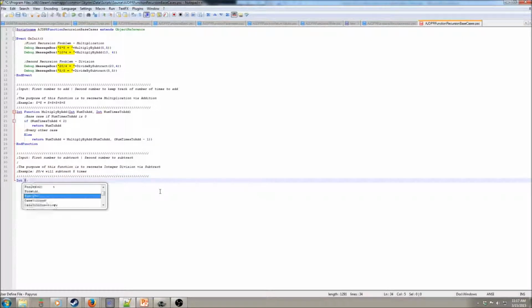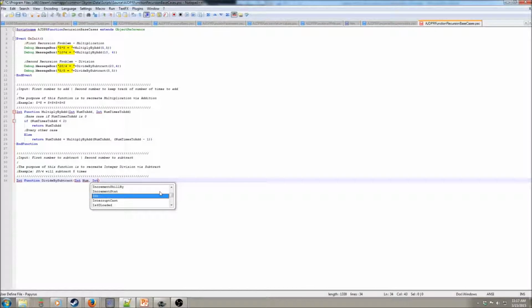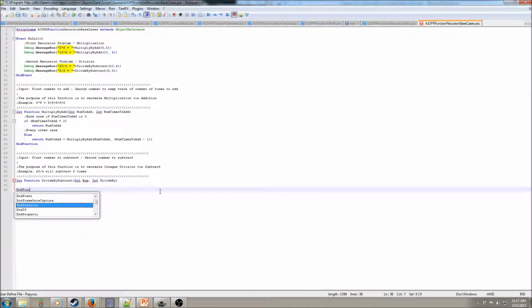So, int function divide by subtract, and we're going to have int num, and then int divide by.